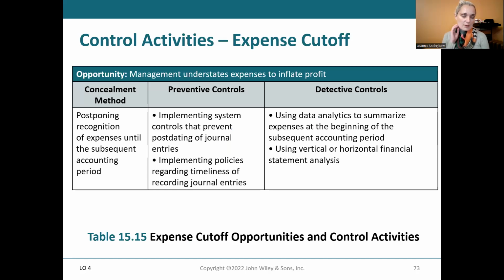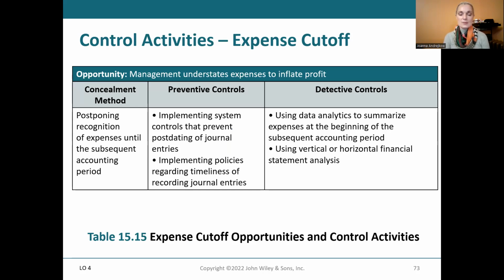When we postpone recognition of expenses until the subsequent accounting period, management has the opportunity to understate expenses and inflate profit. How do we prevent this? Implementing controls that prevent post-dating of journal entries, and then implementing policies about the timeliness of recording journal entries.